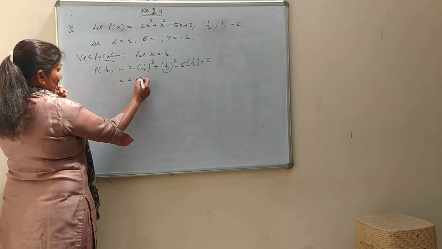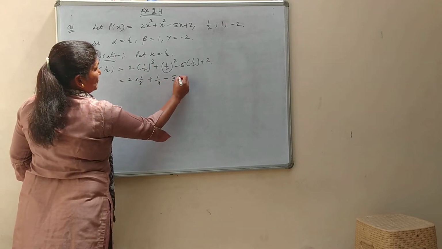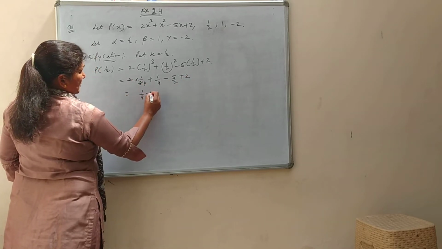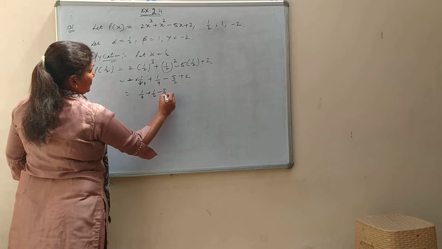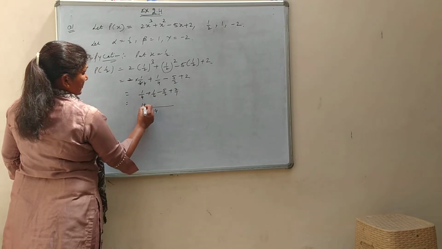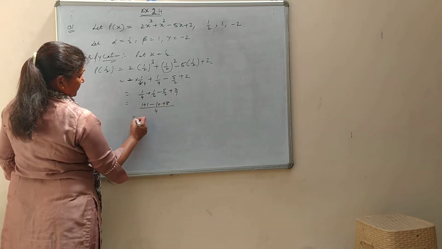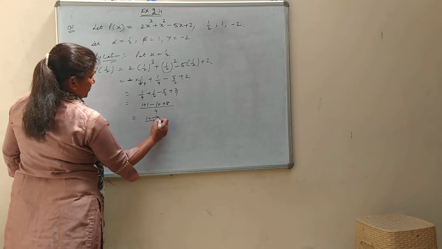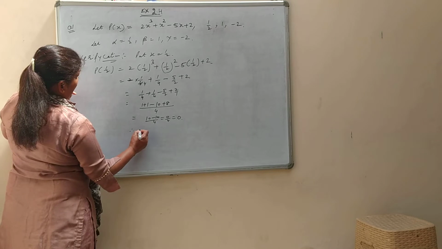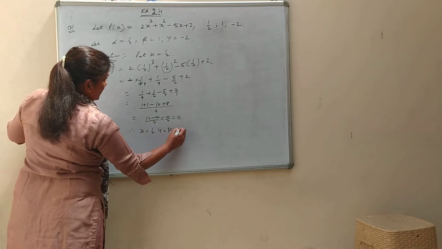That is 1 by 4 plus 1 by 4 minus 5 by 2 plus 2. By taking LCM, LCM is 4. 10 minus 10 over 4 is equal to 0 over 4 is equal to 0. Therefore, x is equal to 1 by 2 is a zero of P of x.